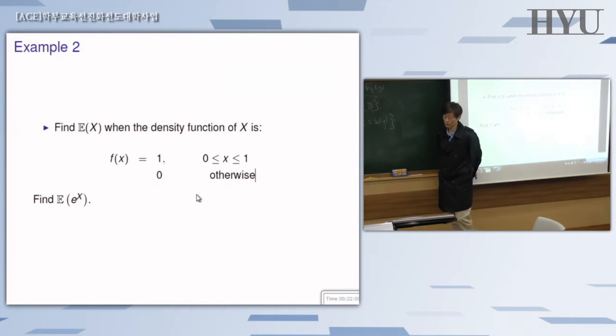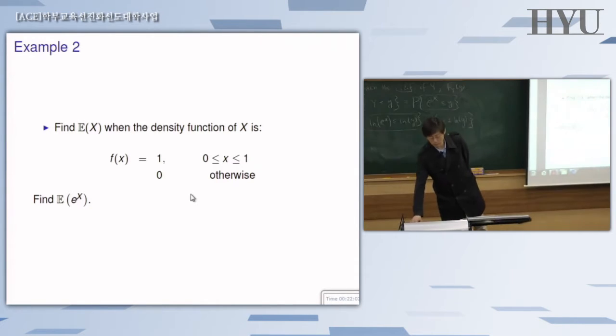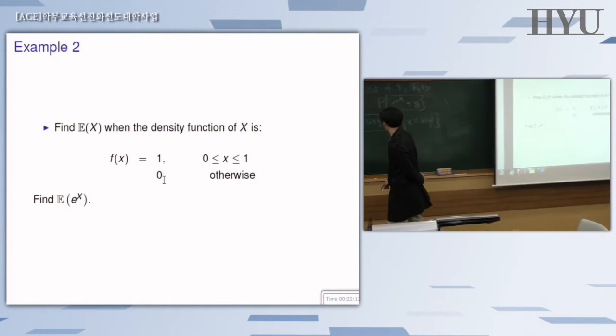So again, we got the PDF of x. We can use this one. So PDF of x is given to be 1 only if x is bounded by 0 and 1, and 0 outside. You can just use it.